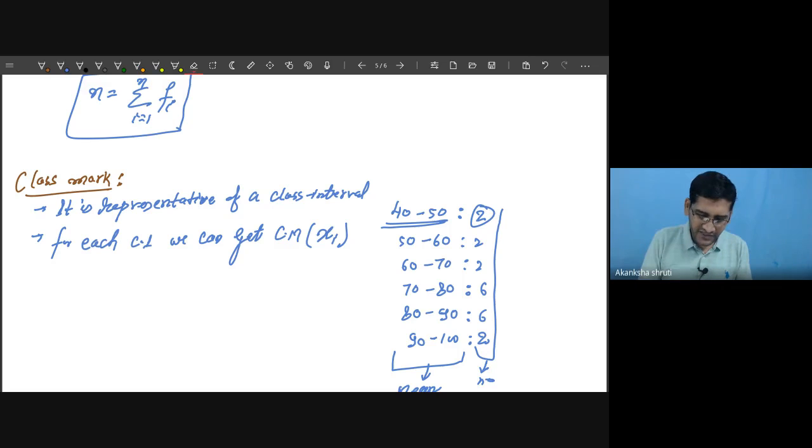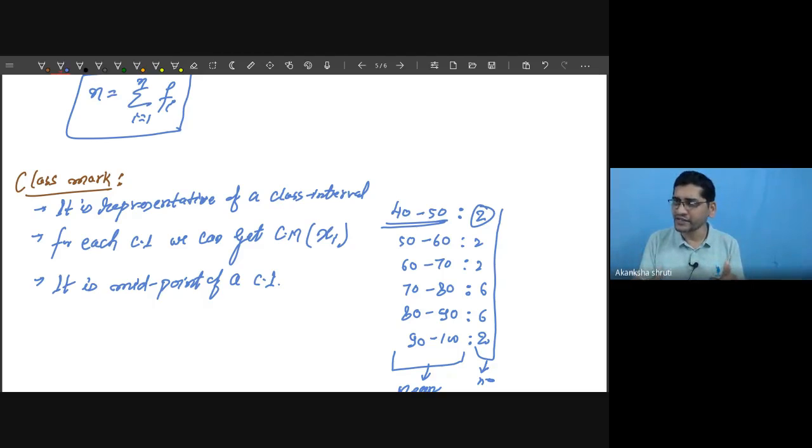It is calculated as the midpoint of a class interval. For each class interval we can get its midpoint, and that midpoint is called the class mark for that particular class.